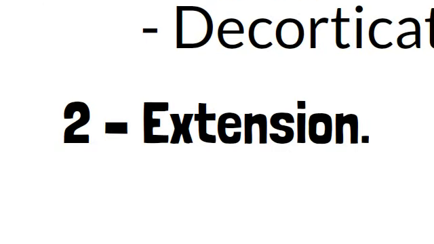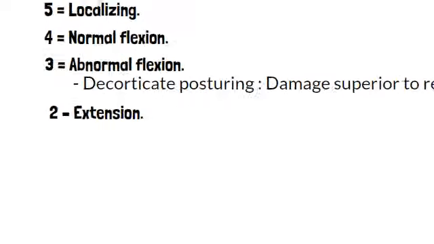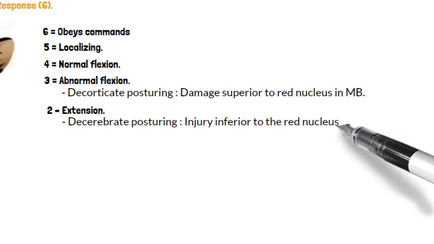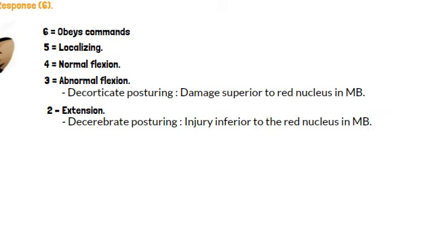A patient who responds to the pressure on the trapezius muscle with elbow extension is allocated a score of 2. This type of response is called decerebrate posturing and is suggestive of injury inferior to the red nucleus in the midbrain.